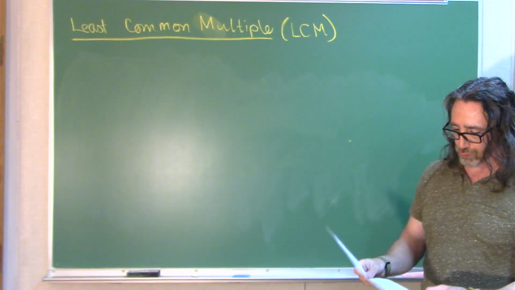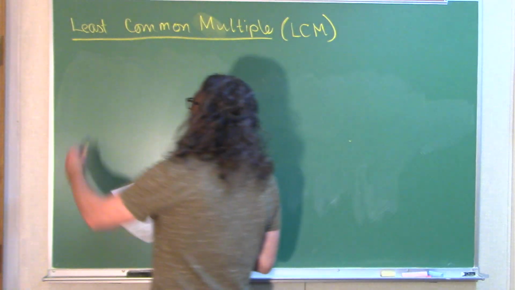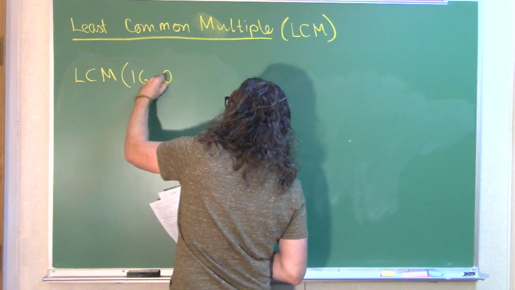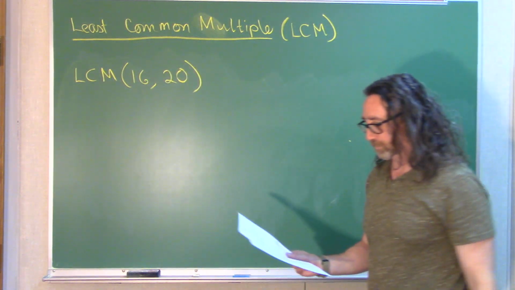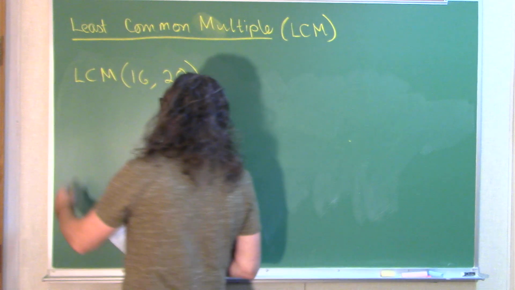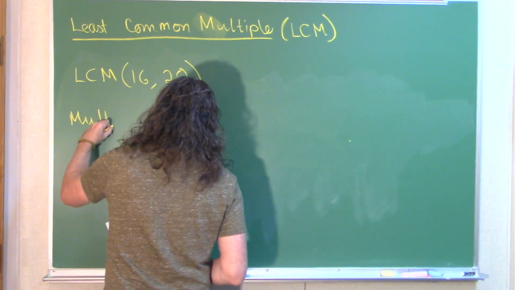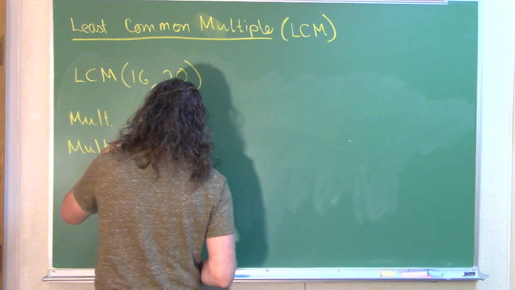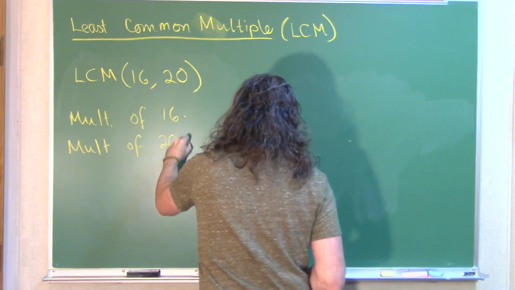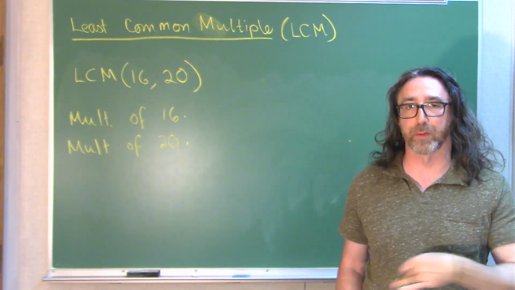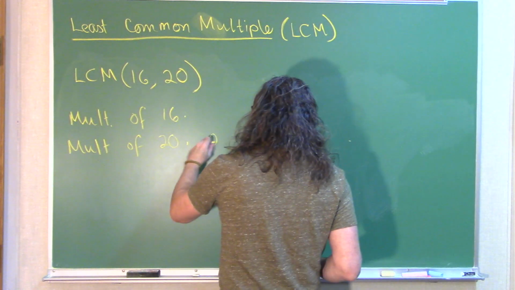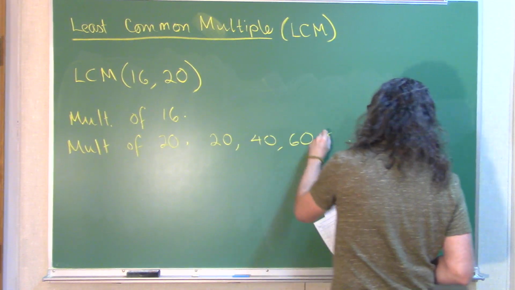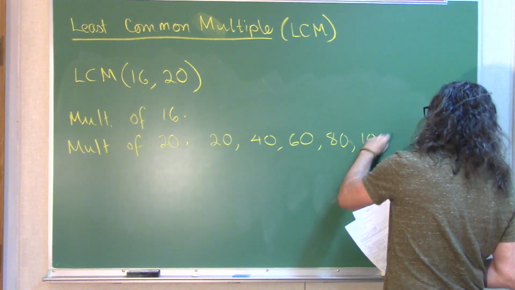Let's do another example. We're going to find the least common multiple of 16 and 20. We'll proceed in the exact same way. I'll look at my multiples of 16, I'll look at my multiples of 20. I'll start down here because it's easier. 20, 40, 60, 80, 100, 120.